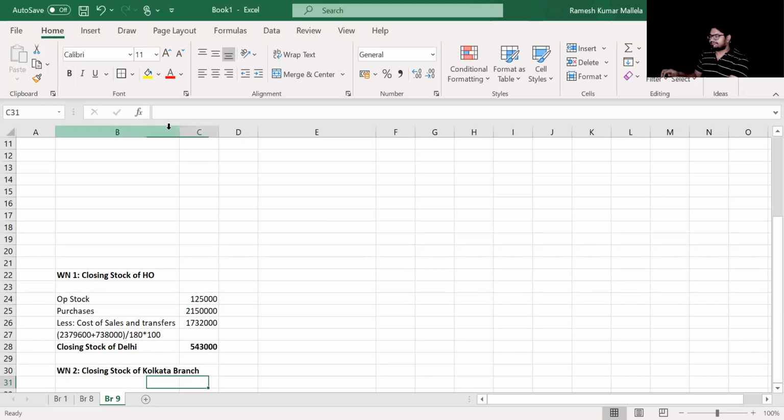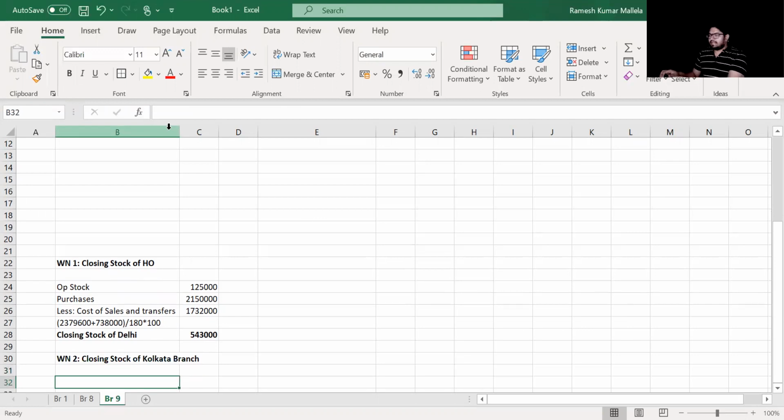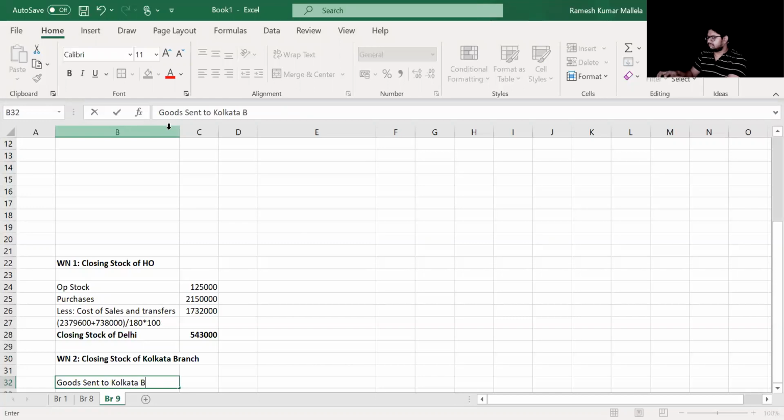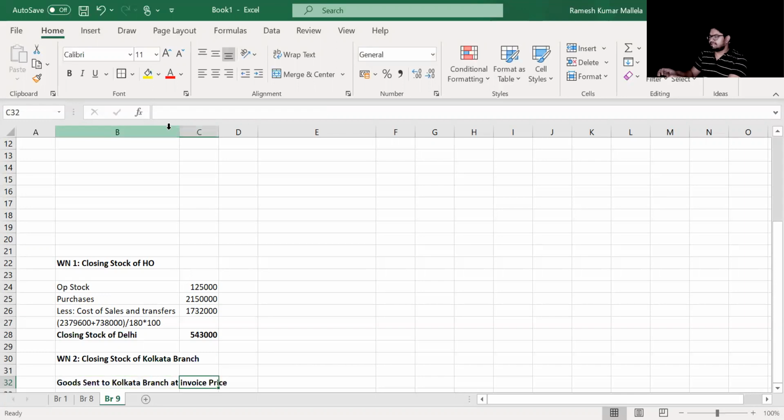Now, if you observe, Kolkata branch, the goods sent to Kolkata branch is 7,38,000. Yes or no? 7,38,000 is the goods sent to Kolkata branch. So at invoice price, it is 7,38,000.